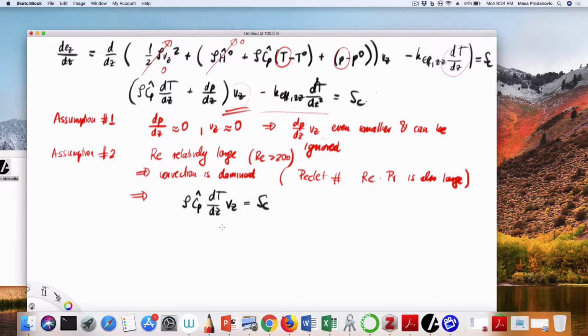Okay, so this is actually then relatively simple, assuming that my Sc is simple. It's Sc divided by rho Cp V0. So this is some Sc1 f of (T minus T0) over T, normalized temperature.